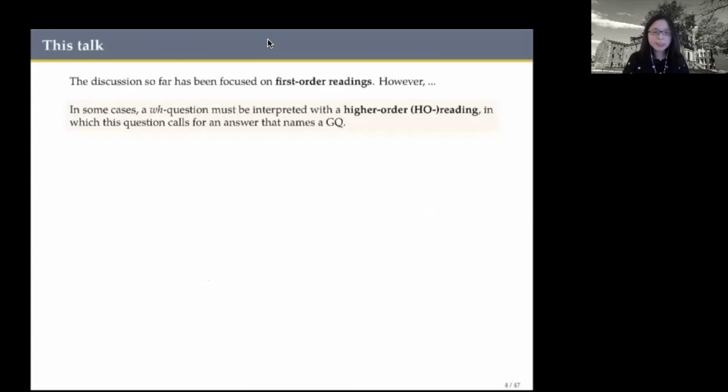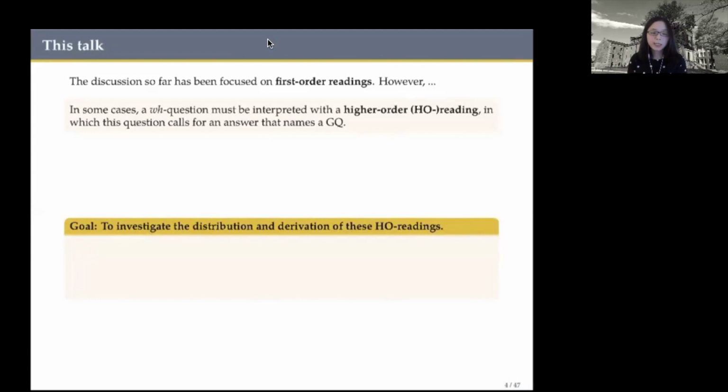So far, the discussion has been focused on first-order readings of questions. But as I will show in this talk, in some cases, a depth question must be interpreted with a high-order reading in which this question calls for an answer that names a generalized quantifier. So therefore, the goal of this talk is to investigate the distribution and the derivation of these high-order readings.